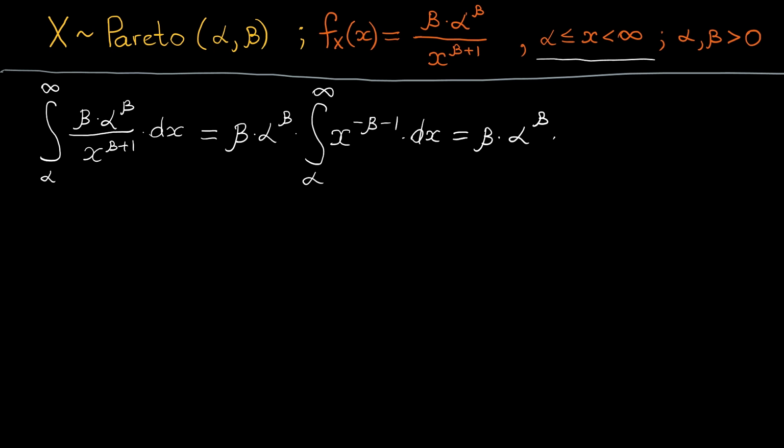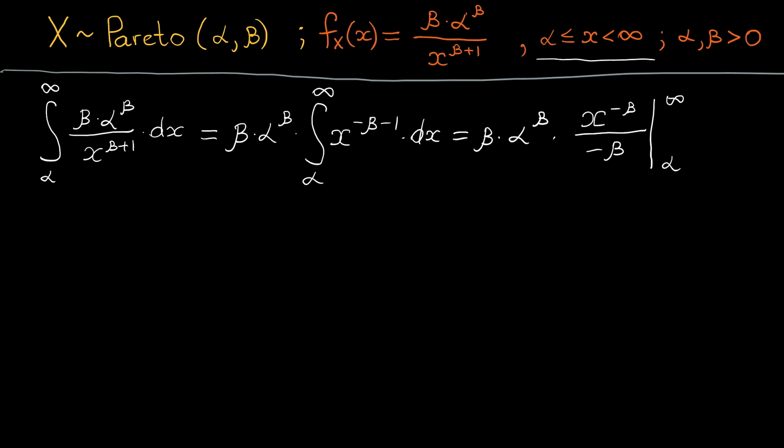how do we integrate this? Well, it is quite straightforward to see that if we had x to the power of minus beta over minus beta, and if we took the derivative of this expression, then we would get x to the power of minus beta minus 1. Okay, so that looks good, and we need to evaluate this from alpha to infinity. Let's note a couple things here.